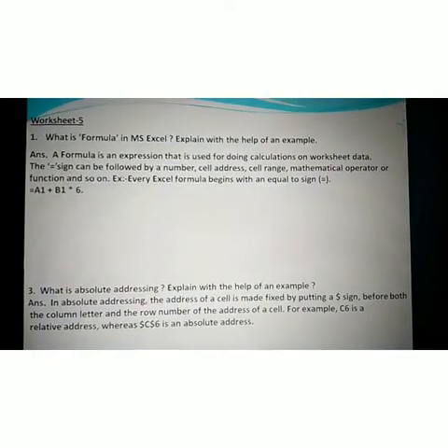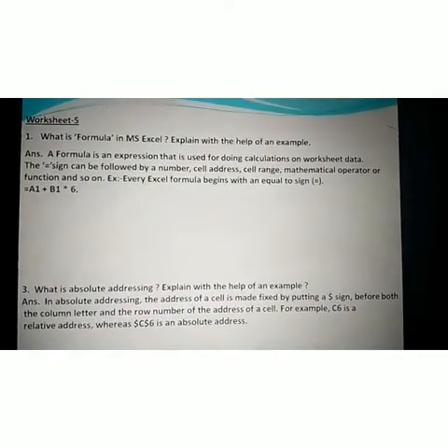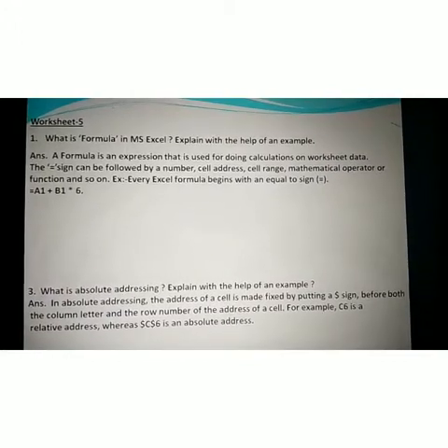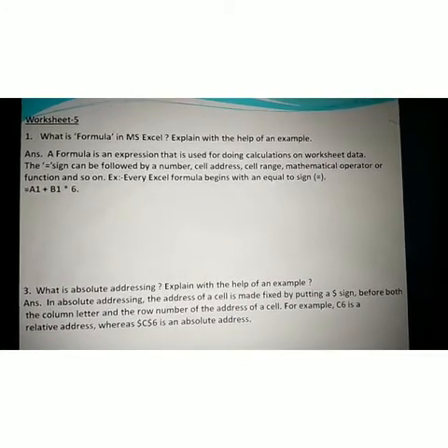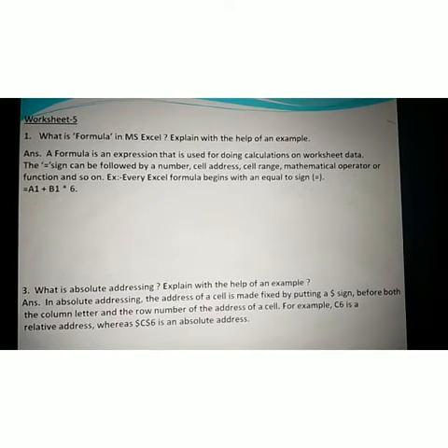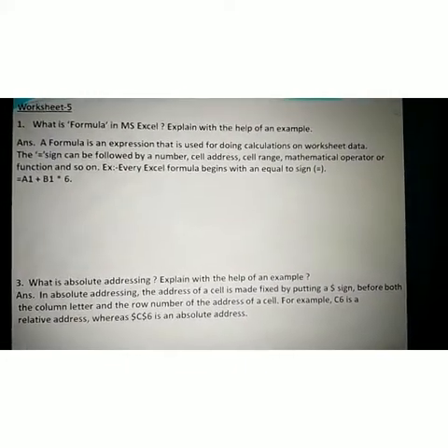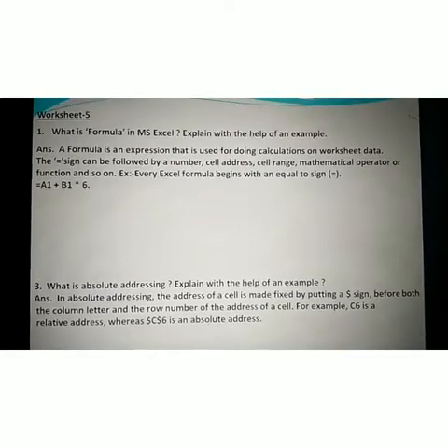Now next, come to worksheet number 5. Question number 1. What is a formula in MS Excel? And explain with the help of an example. So write the proper answer in your notebook. Answer: a formula is an expression that is used for doing calculations on worksheet data.